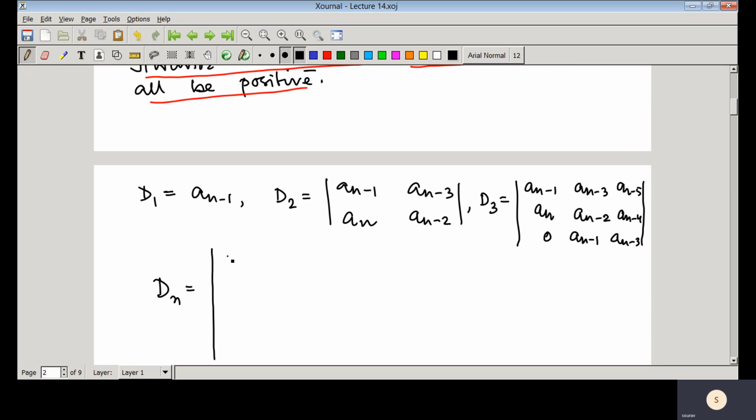So dn is an minus 1, then an minus 2, an minus 3, like that, going up to a0, and here we have an minus 3, an minus 5, here an minus 4, an minus 1, like that. Here we would have 0.